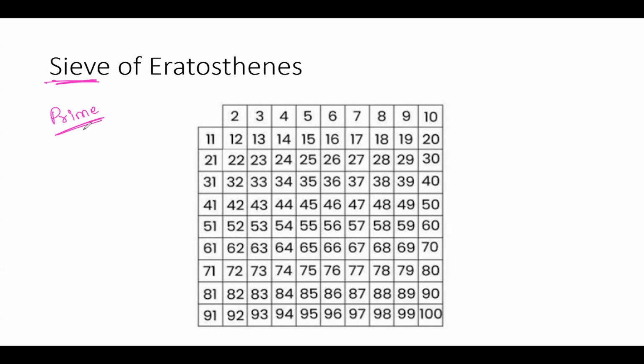I'm going to use steps where I will cross out all the numbers which are not prime, and then at the end of the steps I will be left with only the prime numbers. That is the idea of this sieve. It is a simple and ancient algorithm for finding all prime numbers up to a specified integer.